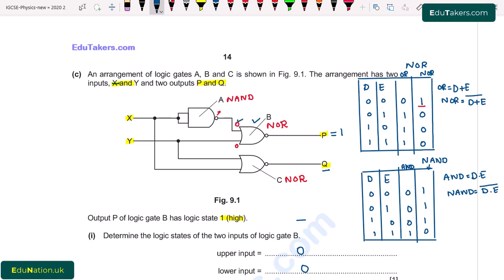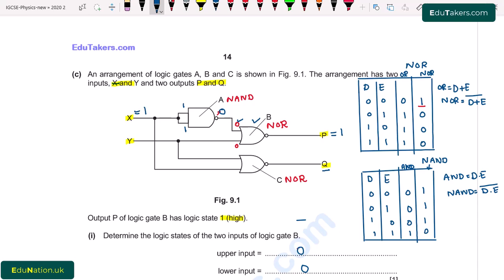It is the output of this NAND gate, which means that it is equal to 0. And when the output of NAND gate is equal to 0, the NAND gate output must be equal to 0 when both of inputs are high. So this is 1 and it is also equal to 1. It means that X is equal to 1.